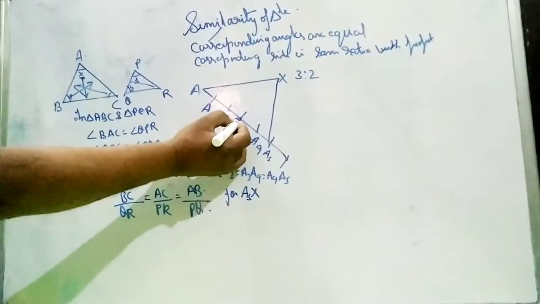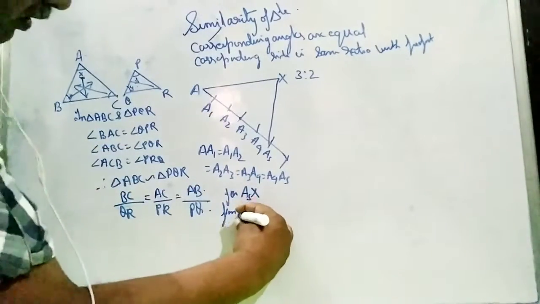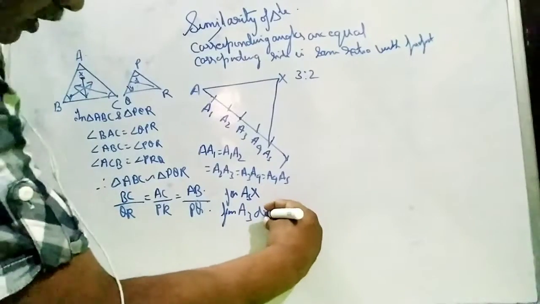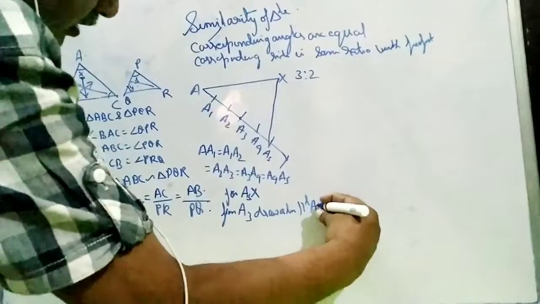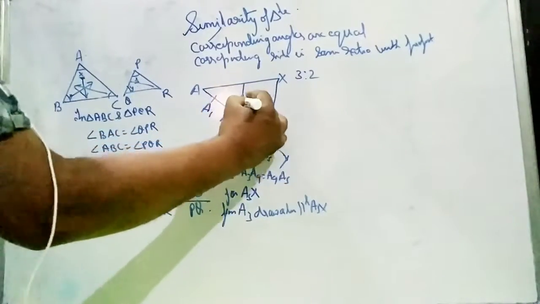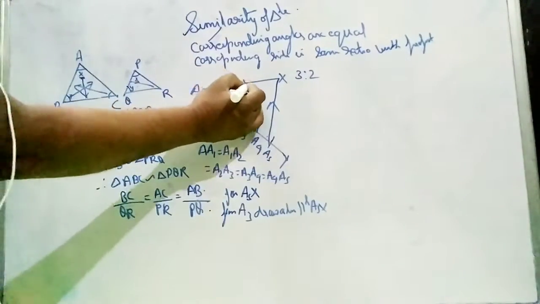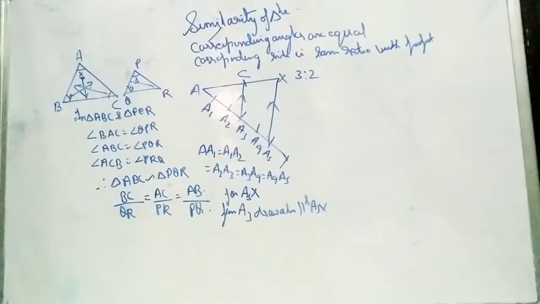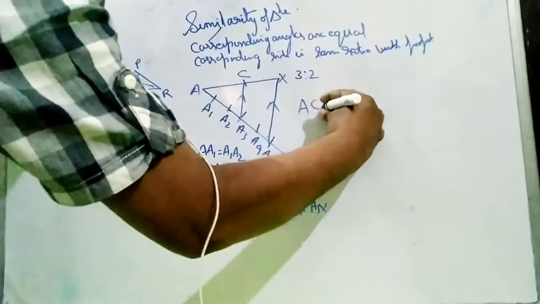From A3, draw a line parallel to A5X. These two lines will be parallel to each other. It will meet at point C, so you have divided line AX into two parts.